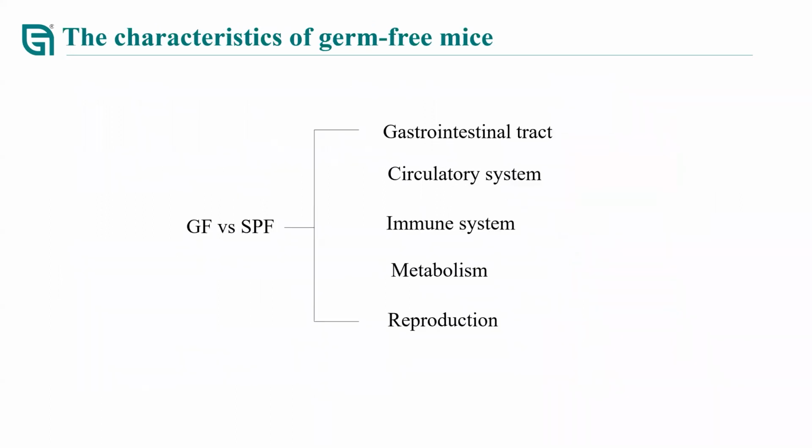So comparing with SPF mice, some differences were found, mainly in the anatomical and physiological characters, such as the GI tract, circulatory system, immune system, metabolism, and reproduction system. So let's dive into this one by one.